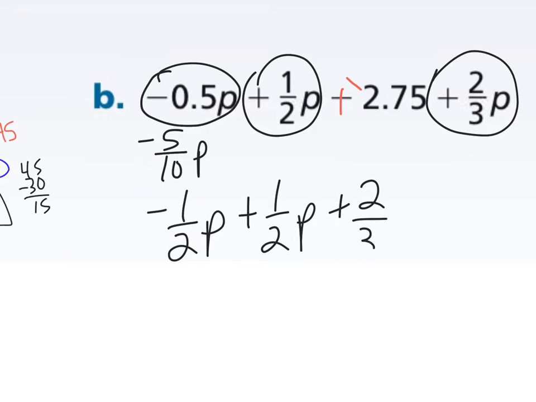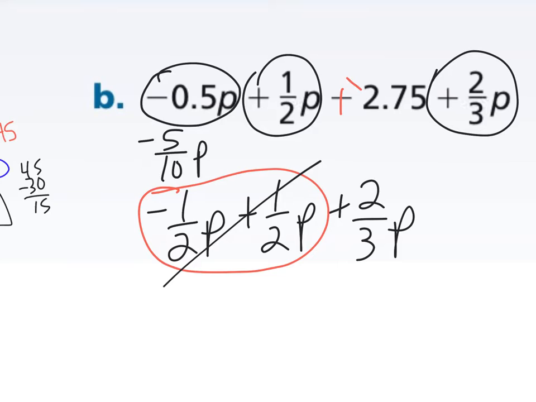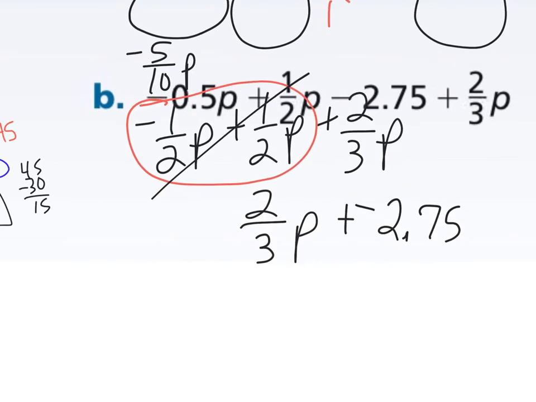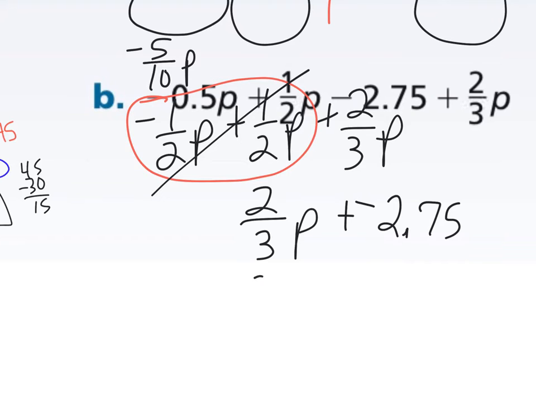Normally in this case we would have to get a common denominator with our fractions, but negative 1/2 p plus 1/2 p, those are opposites and they will actually cancel each other out. So with the variable part we're just left with 2/3 p, and then we have the constant, there's only one constant, so plus negative 2 75/100ths. Or you could write this as 2/3 p minus 2 75/100ths.